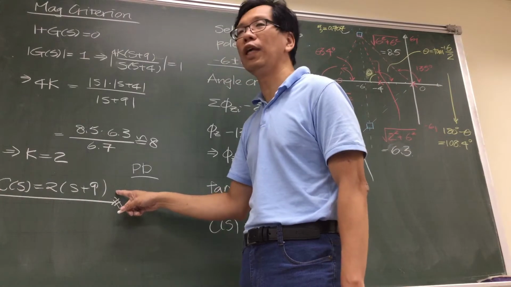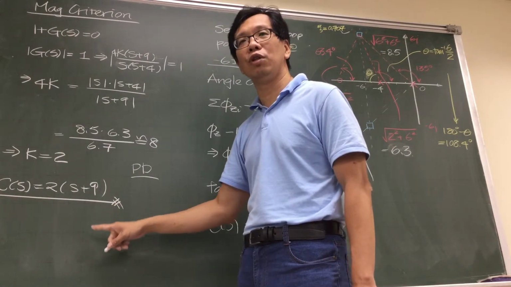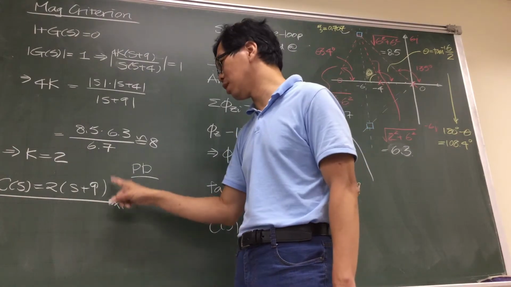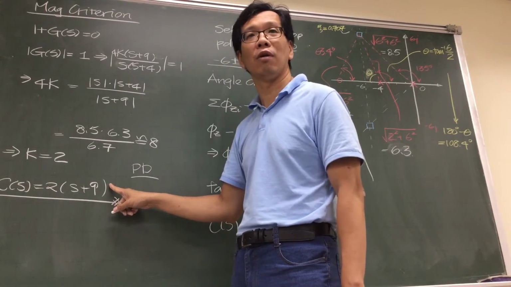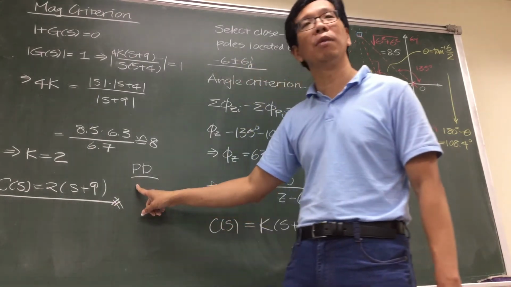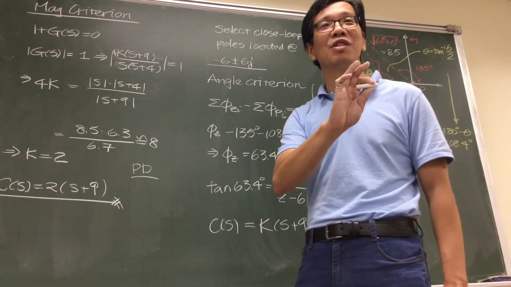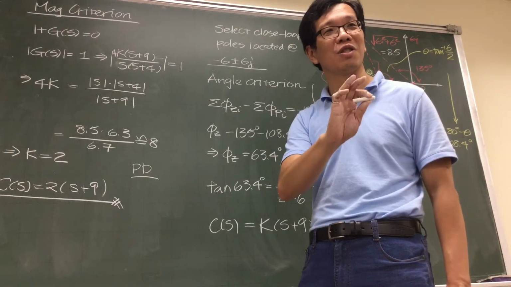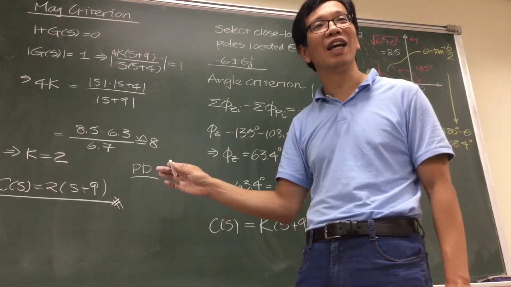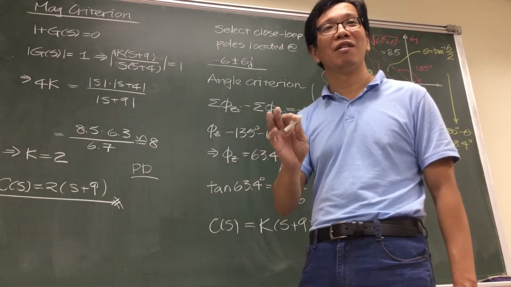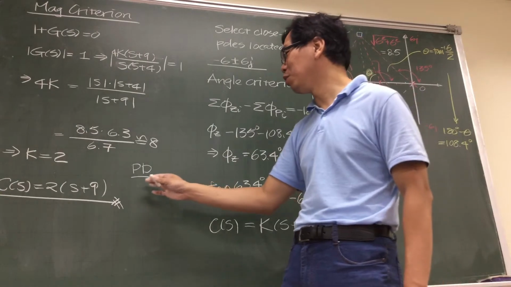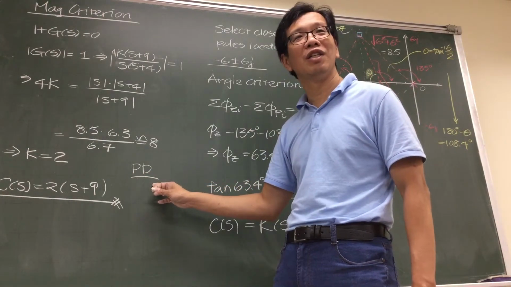So over here, we have 1 zero, but we do not have any pole, which means this one is not implementable. So PD controller is a pretty bad idea. Well, though I don't agree with that. If you are using digital stuff to implement this thing, it's okay. But traditionally, we do not like PD controller a lot.